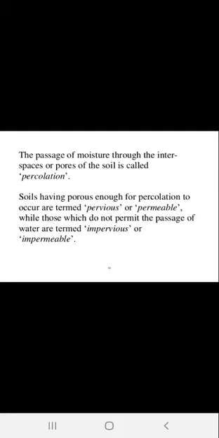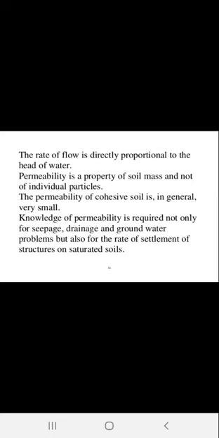So if we have a soil that permits water to flow through it, that soil is called pervious or permeable soil, right? The rate of flow is directly proportional to the head of the water. Whenever the head of the water is at the upper side, or heights vary from place to place, water flows as per the head of the water.